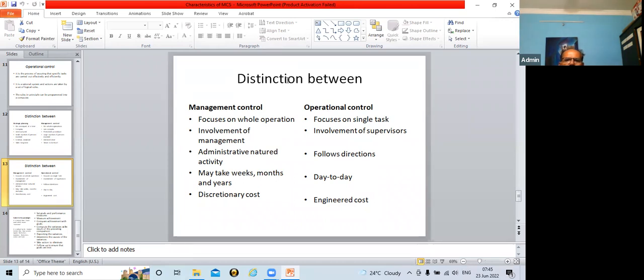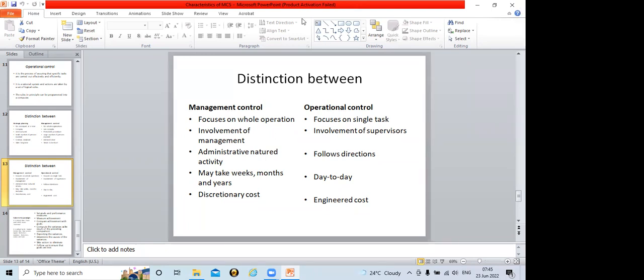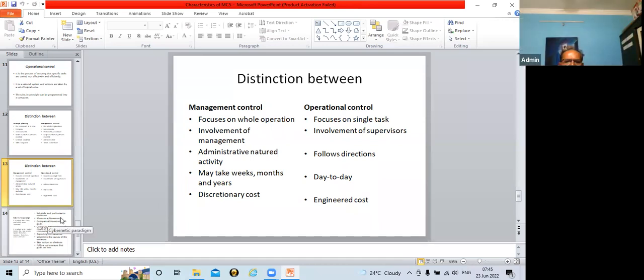Have you understood this difference between management control, operational control, and strategic planning? Yes, sir. Okay, fine.